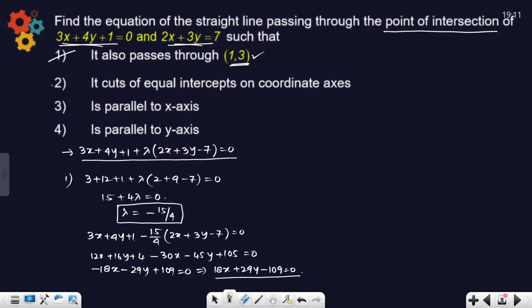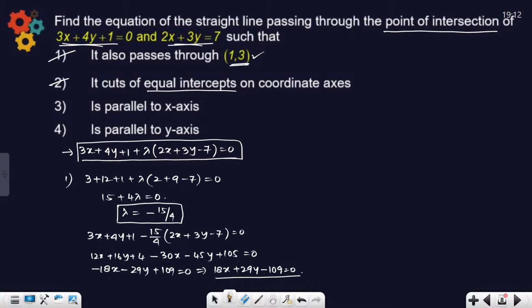Okay, now what is the second condition given? The family of lines is the same. Now they are saying to find the equation of the line which cuts equal intercepts. Now, there is a big question. In the previous class, I told you what it means when it has been said that it cuts off equal intercepts. What is the slope of the line when it cuts equal intercepts?